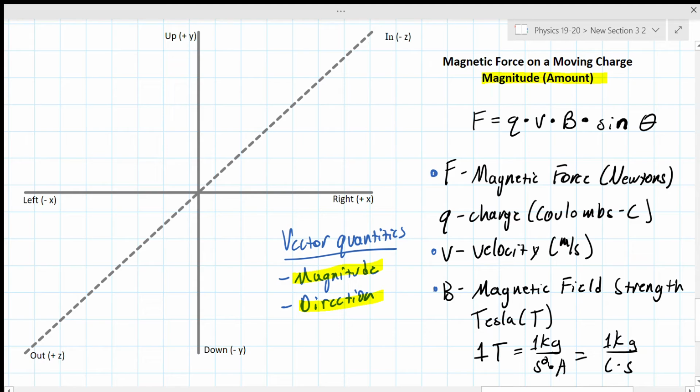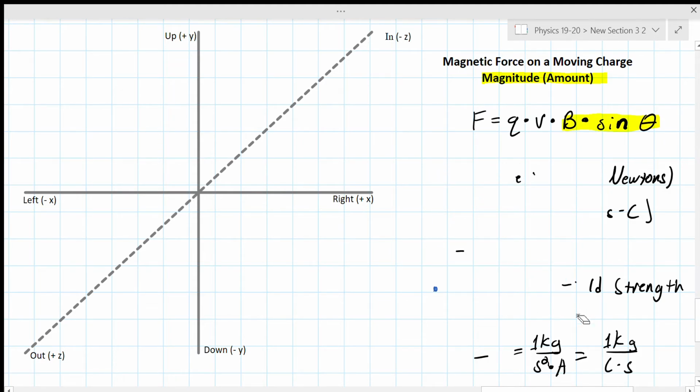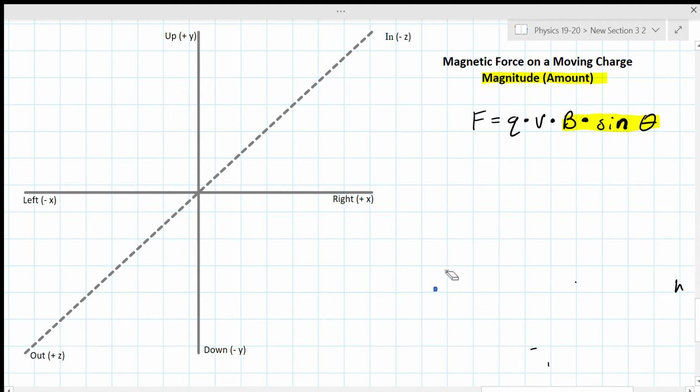All right. So let's break it down a little more. I want to focus now on just this part of the equation, B sine theta, and talk about what that means physically. That's a mathematical description of something physical, and I want to talk about what that is.